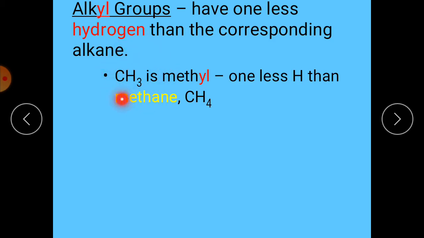So when it was CH4, it was methane. And when one hydrogen is removed, we remove "ane" also and write "yl". So it will be alkyl, and the name of the compound is methyl. Let's see how.